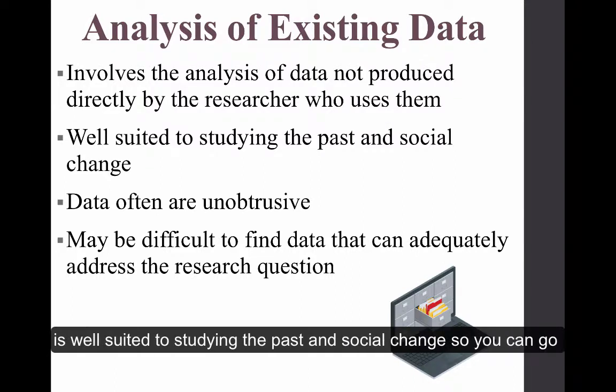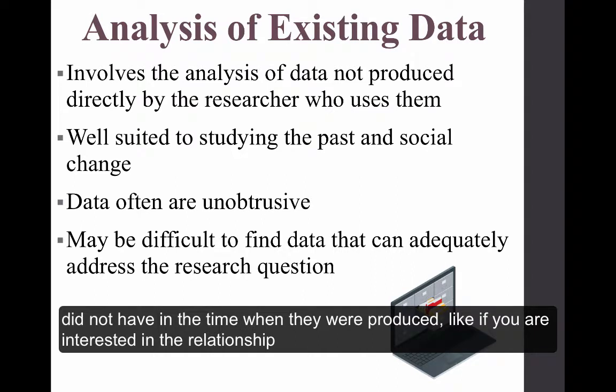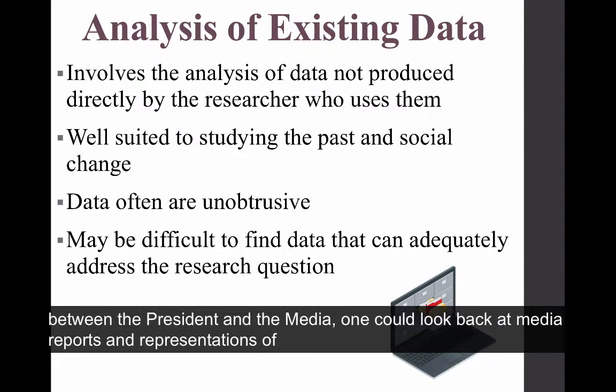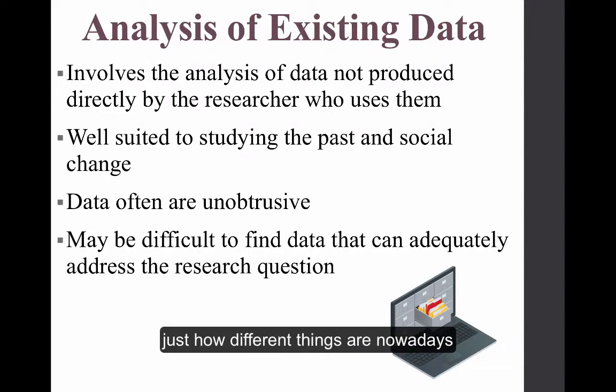So this is well suited to studying the past and social change. So you can go back and look at things with the hindsight that those sources did not have in the time when they were produced. Like, if you're interested in the relationship between the president and the media, one could look back at media reports and representations of presidents in specific media over a historical period of time to see just how different things are nowadays, right?